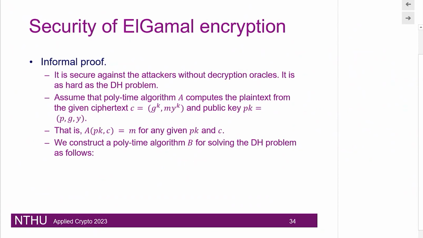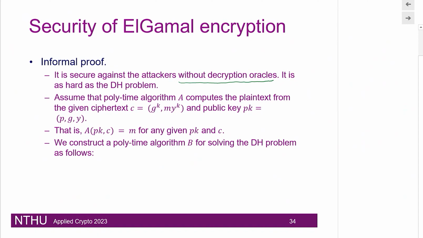All right, so we understand the relationship between the Diffie-Hellman problem and the discrete log problem. So now we can go back to what we started to discuss, and that is the security of the ElGamal encryption. It turns out that we can actually prove that this scheme is secure against an attacker that doesn't have decryption oracle access.